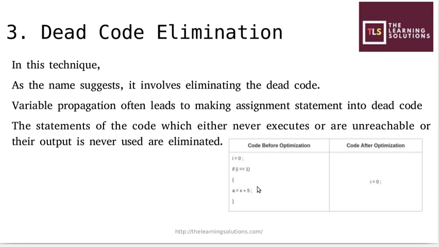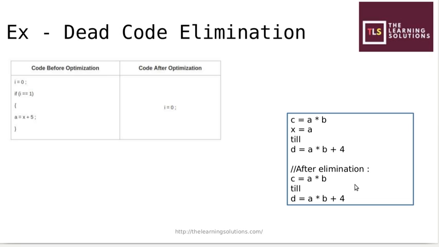So there is no use to keep such a control flow statement over here. Simply use i equal to 0, and you are not going to have this kind of block executed ever, because i is set to 0. So simply use i equal to 0. This is called optimization.